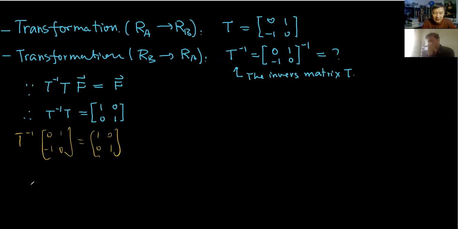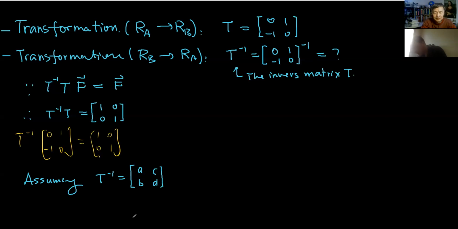Can we just make some assumption? Assuming the inverse we are looking for equals the matrix A, B, C, D. Or you can use any other letters, it doesn't matter.